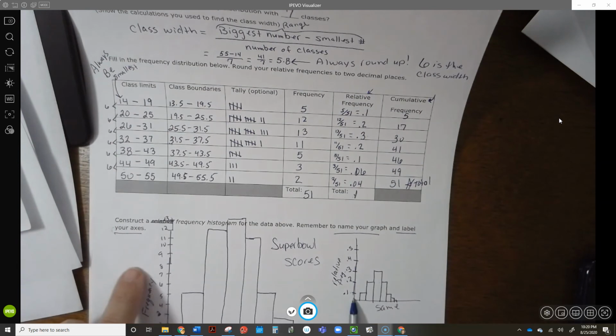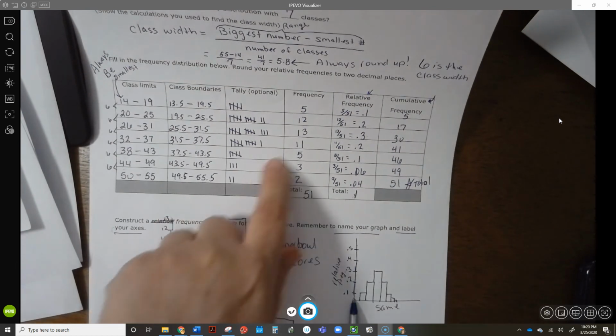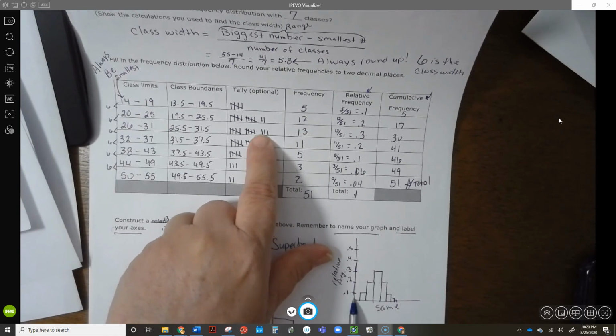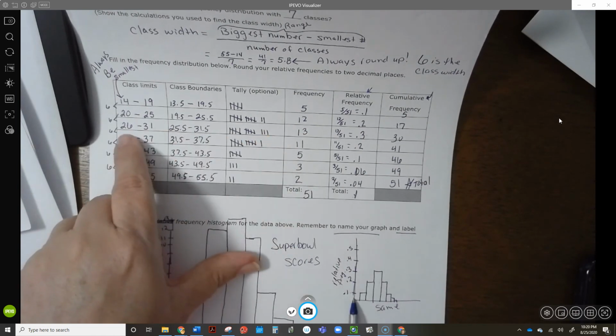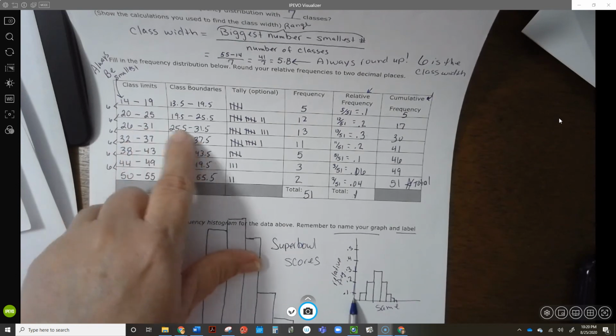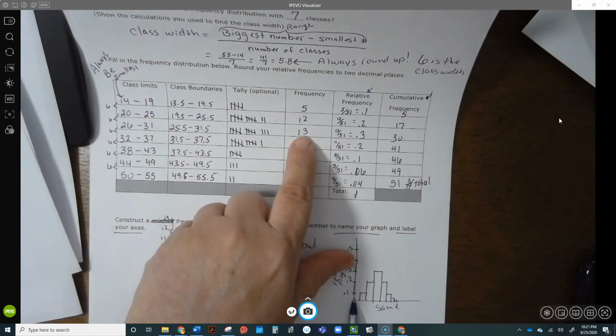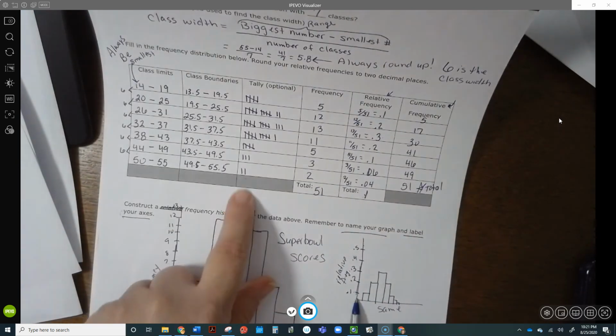Instead of going all the way up to 13, because that was the biggest frequency in my bin, this third bin had more of these numbers in it than any other bin. So it was the tallest thing right here.